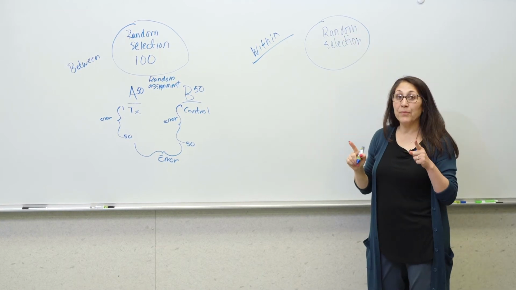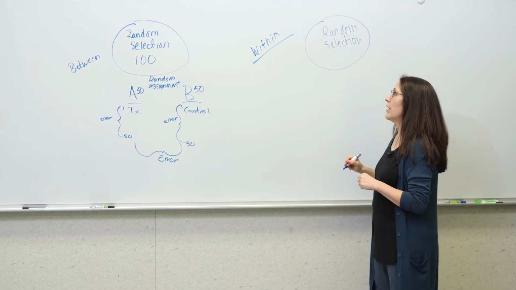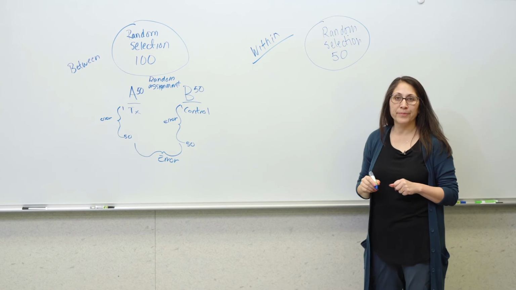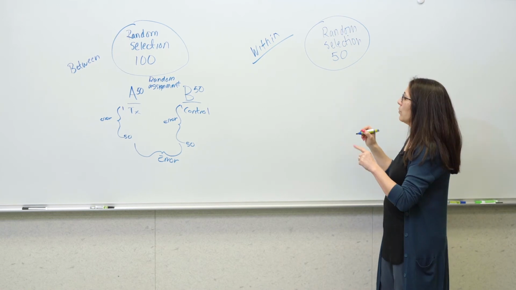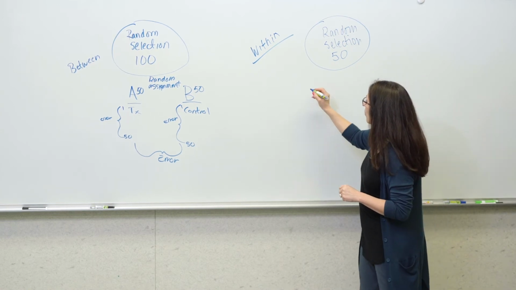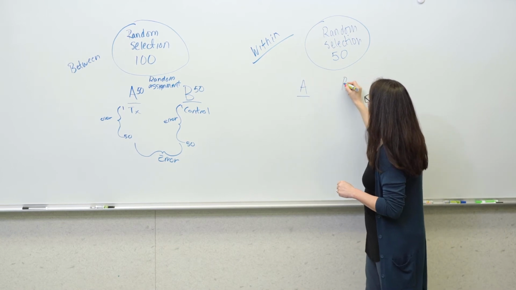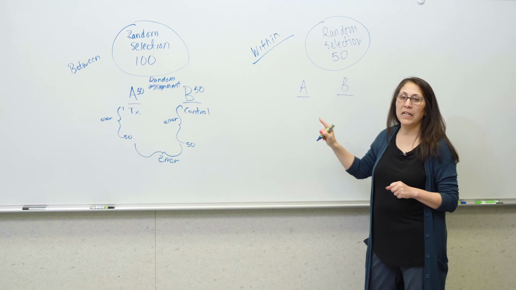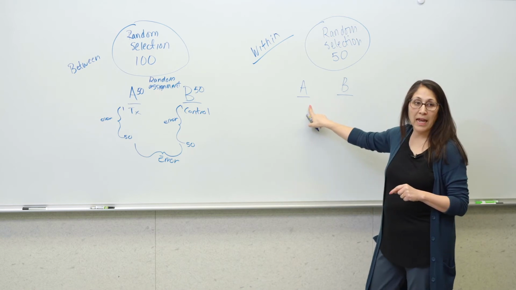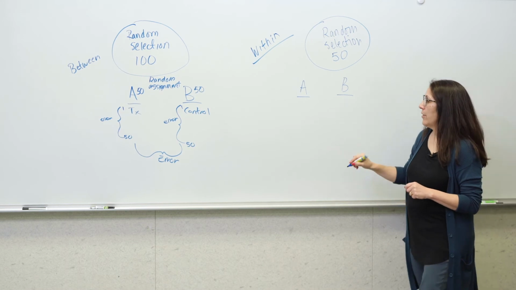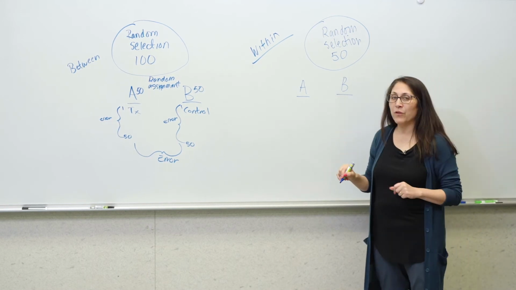But this time, and this is one of the benefits of a within subject design, we only need 50 people. Because within subjects design, what you do is you have all 50 participants engage in both A and B. We're not going to have 50 different people.